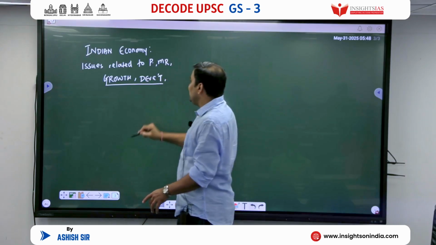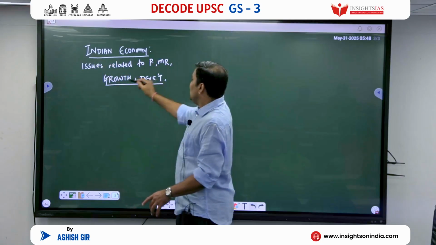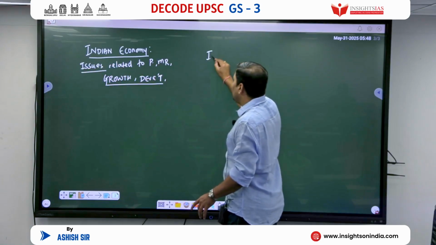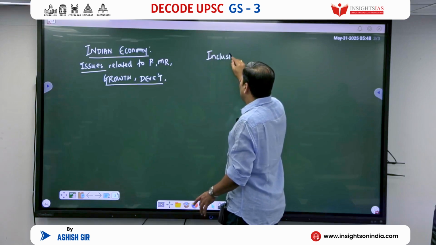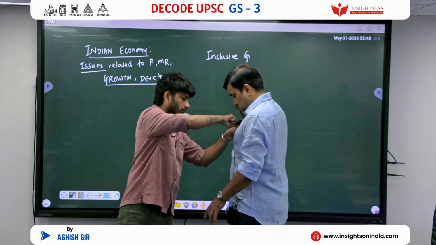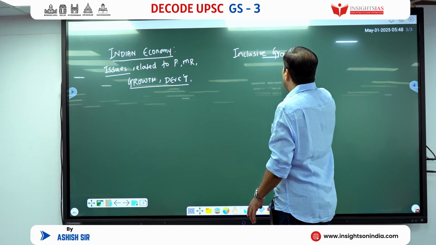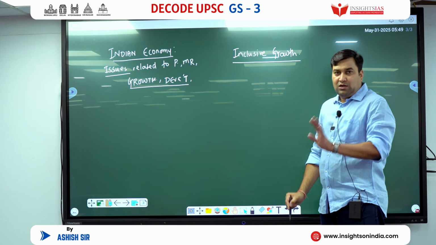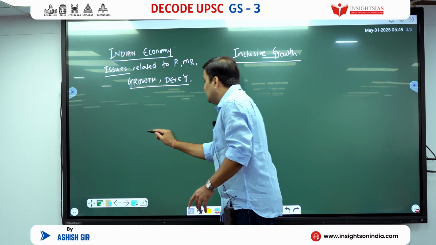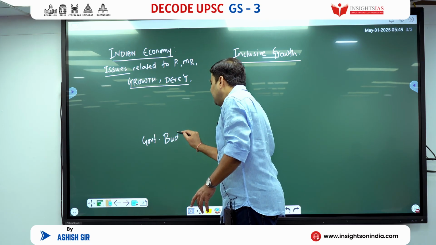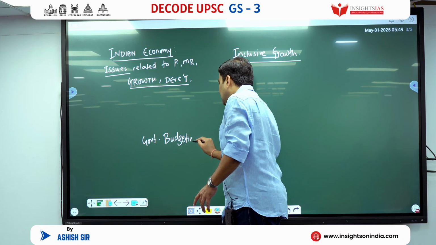So I am underlining Indian economy issues related to growth, development. Secondly, they have mentioned inclusive growth. These two topics are interlinked to each other. Just be attentive. Similarly, this is also linked to government budgeting.